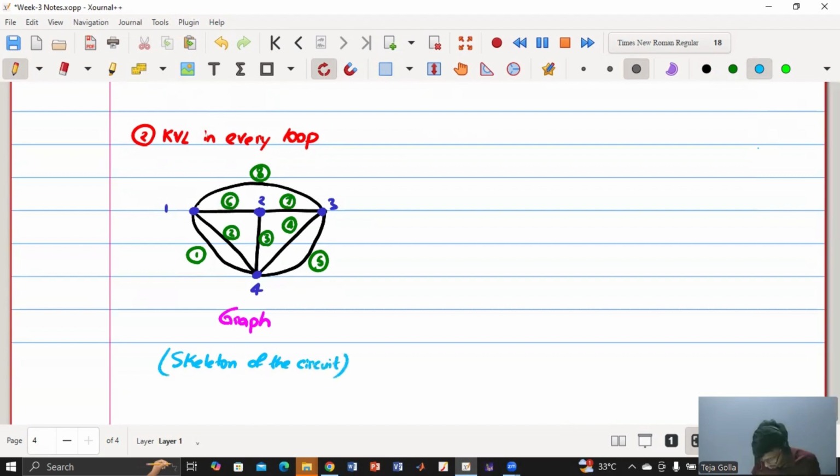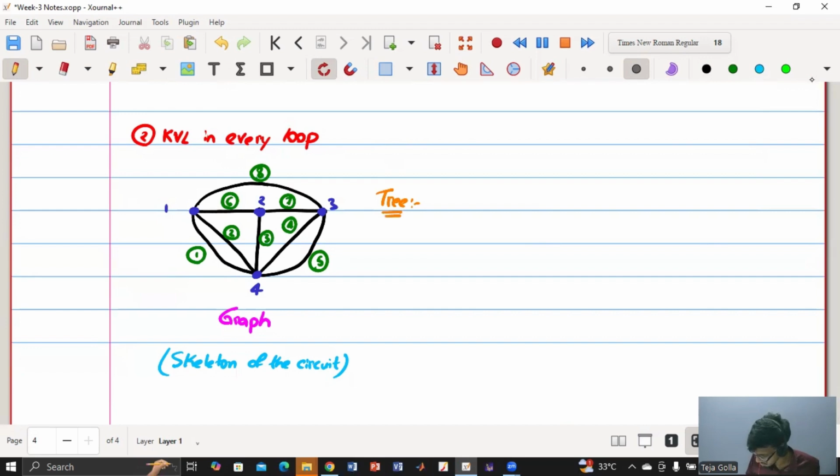So when we have a graph, first we need to identify a tree. What is a tree? A tree is a path touching all the nodes, and it should not form any loop. So a tree is a set of branches traversing through the nodes without forming a loop.